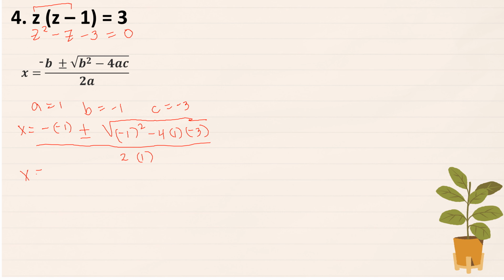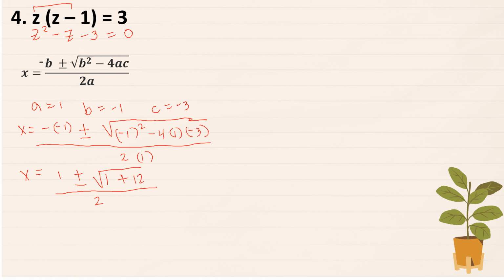So x is equal to positive 1 plus minus the square root of 1, and then 4 times 1 is 4, times negative 3 is positive 12. So positive 12. And remember that is a double sign and this is times 2.